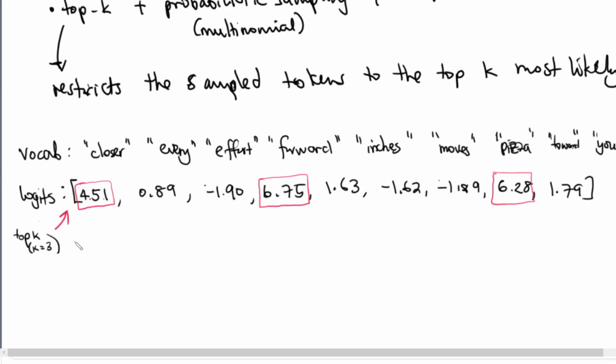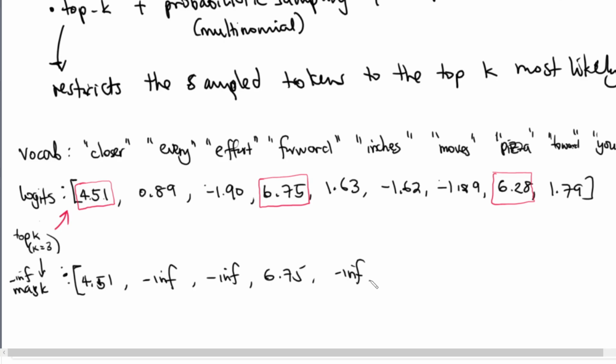What then happens after that is we are going to put a minus infinity mask. Everything that is not part of that top three is masked by minus infinity, like this: minus infinity, minus infinity, minus infinity.